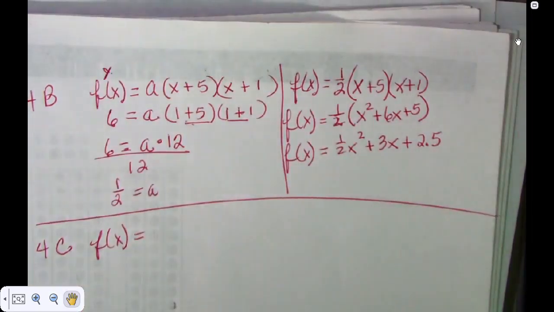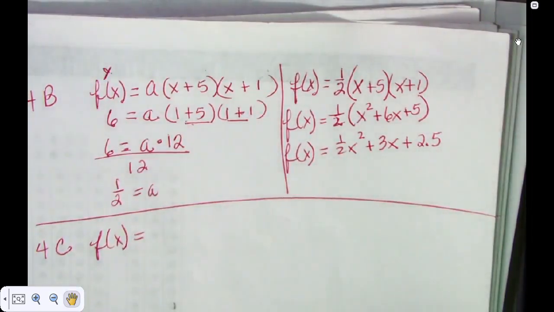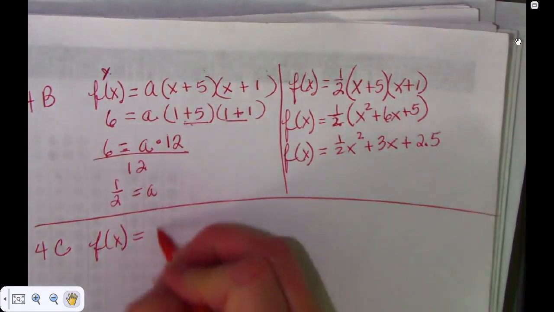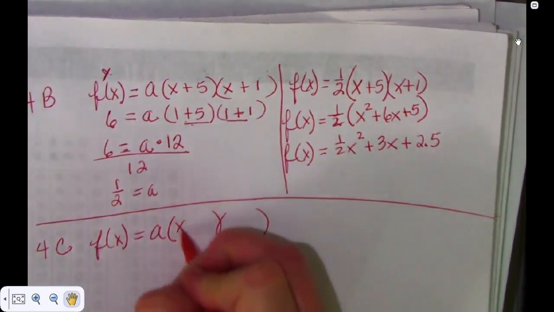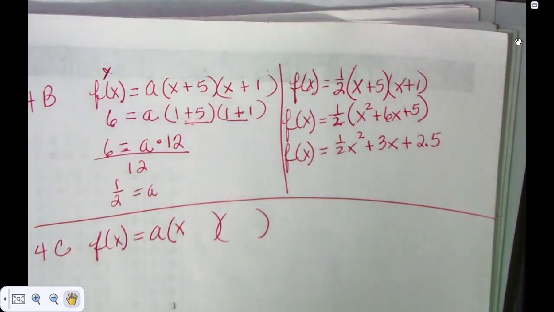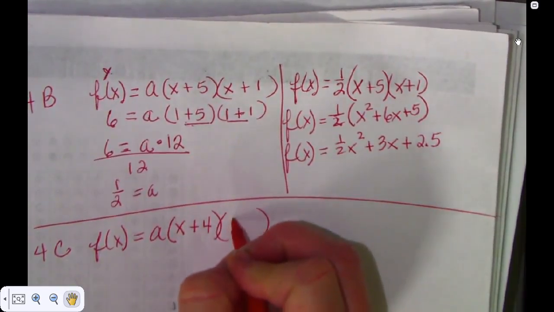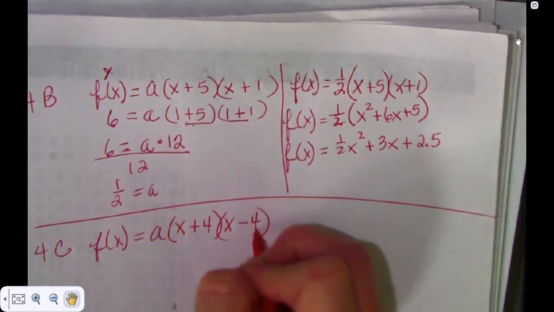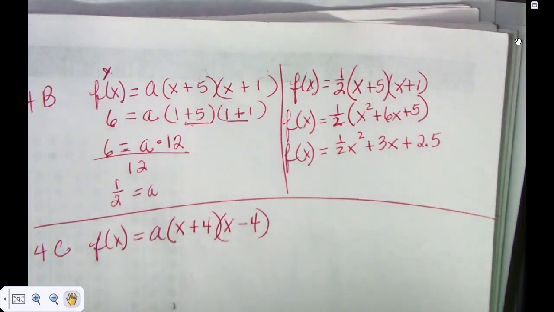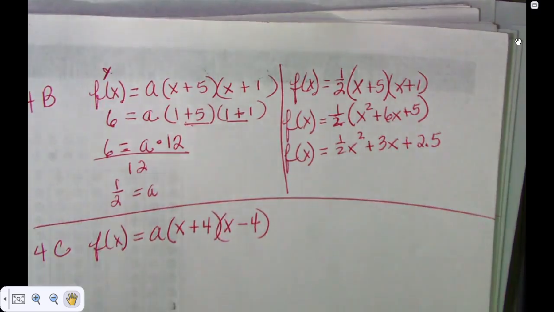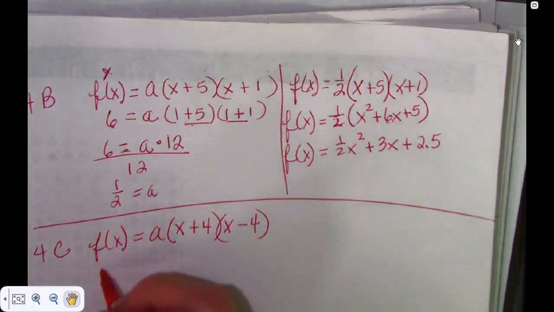Okay. All right, let's do 4C. So, in other words, on 4C, the x-intercepts are what? -4, 0 and 4, 0. So what's the opposite of -4? Plus 4. And then -4. They tried to trick us in there, didn't they? Okay.